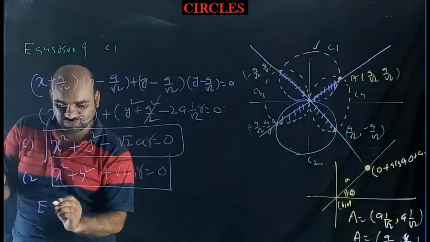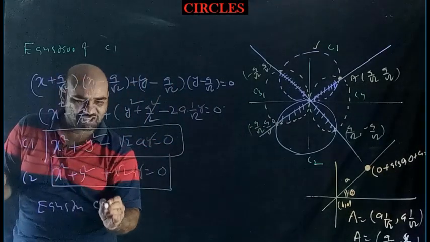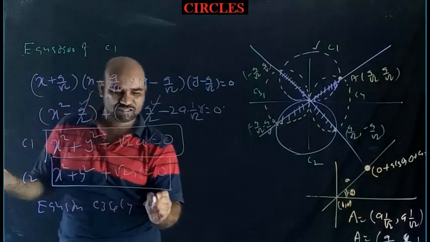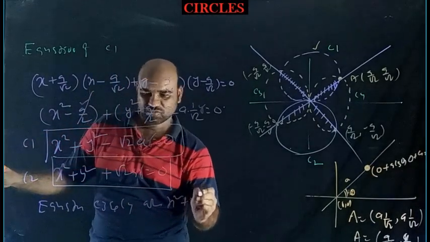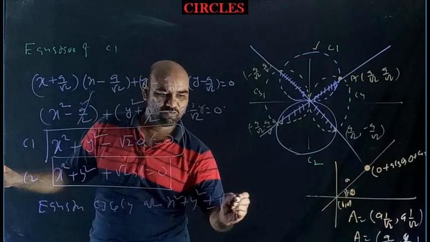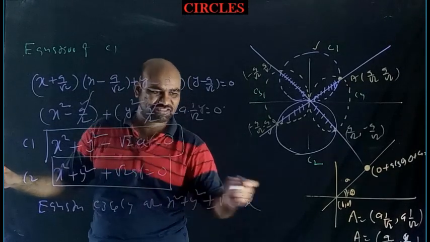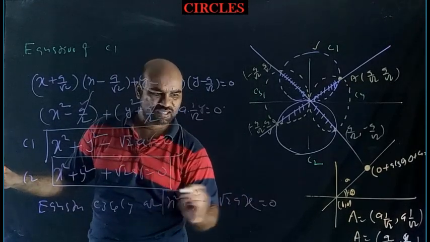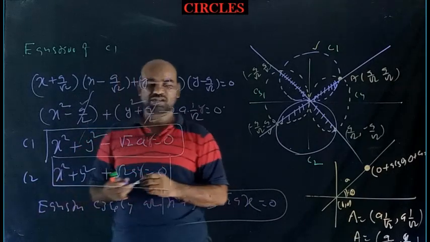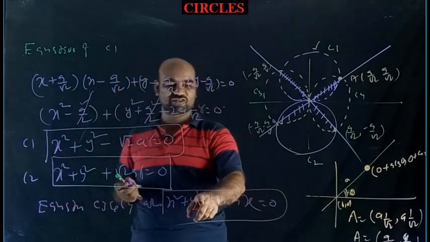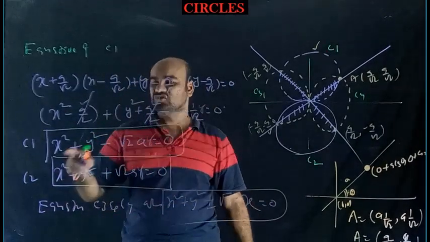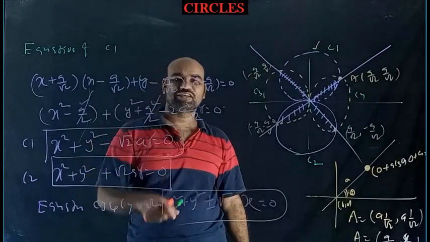Directly, the equations of C3 and C4 are x square plus y square plus or minus root 2a into x equal to 0. Finally, we got 4 circle equations: x square plus y square plus or minus root 2a x, and x square plus y square plus or minus root 2a y equal to 0.